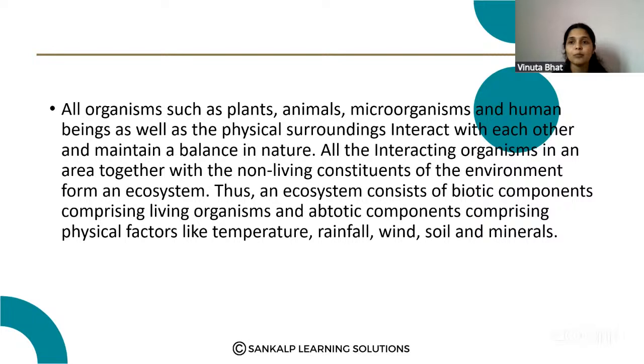So these are the abiotic components present in the ecosystem. Okay, so these are the biotic and abiotic components present in the ecosystem. So the ecosystem is the surrounding in which organisms interact with each other and maintain the balance in nature.